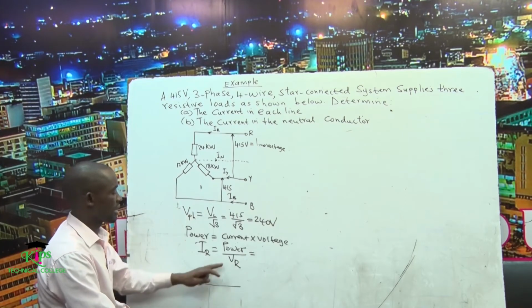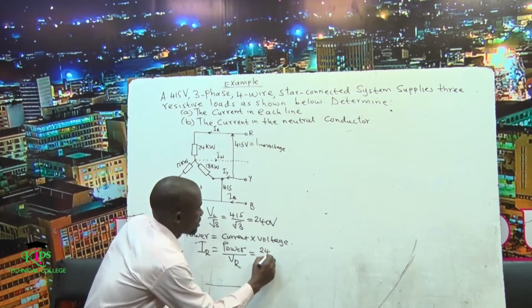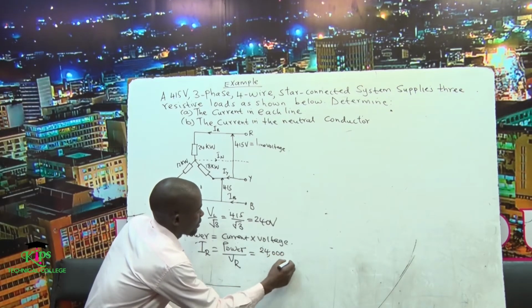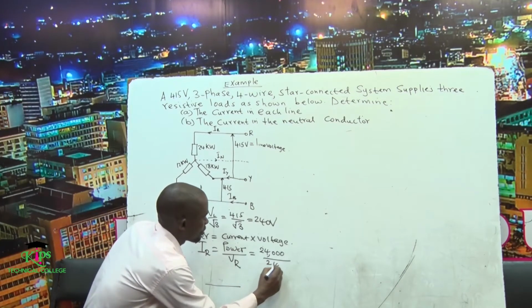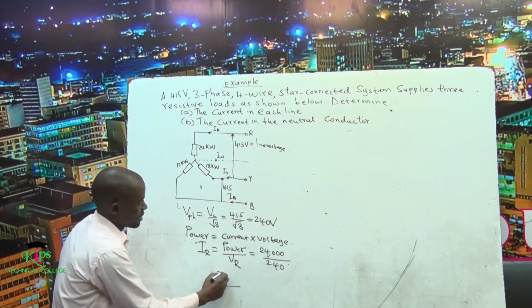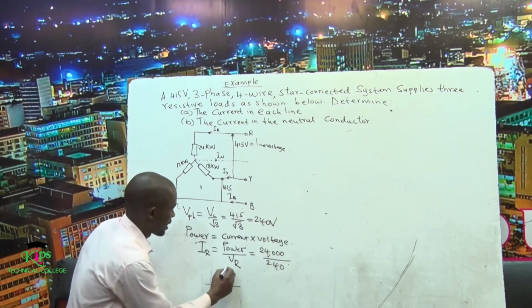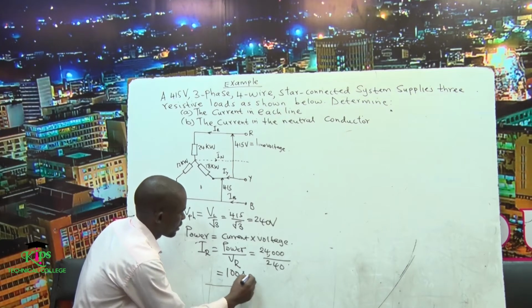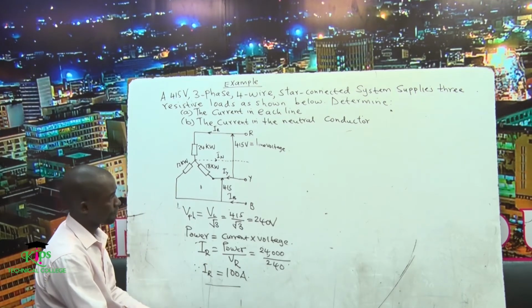The power across the red phase is 24 kilowatts, which is 24,000, divided by the voltage across that point, which is 240. If you divide that, you will get 100 amperes. So the current passing through the red phase is 100.